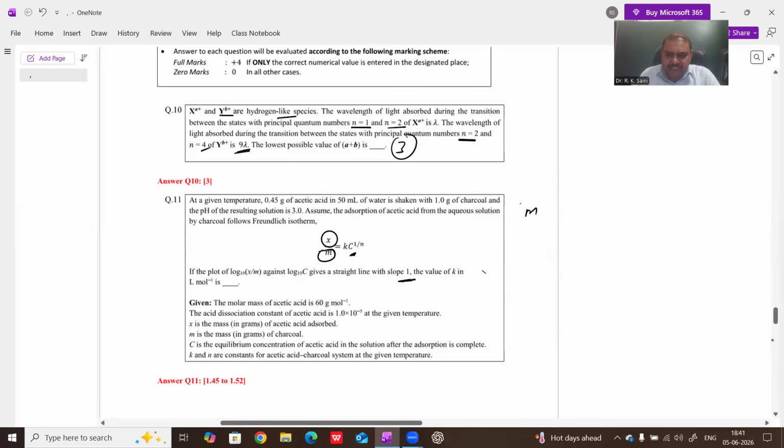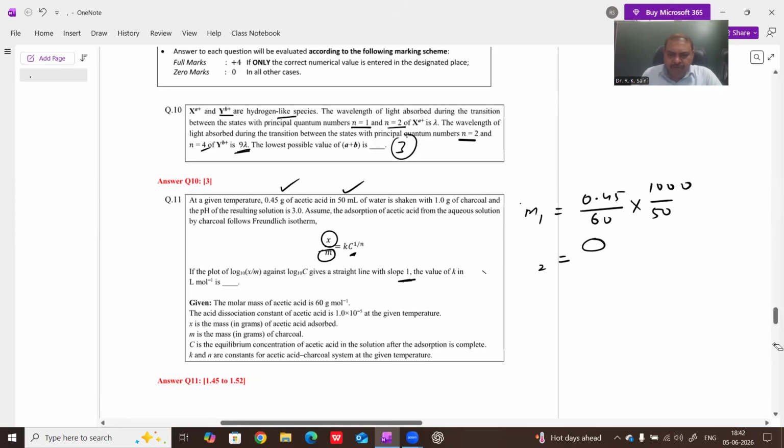Initial amount of acetic acid is 0.54 gram, its molecular mass is 60, dissolved in 50 ml of the solution. Therefore, it is the initial concentration. After adsorption, the concentration is M2. Therefore, we find their amount. What is the amount of adsorption? And then we find their concentration.